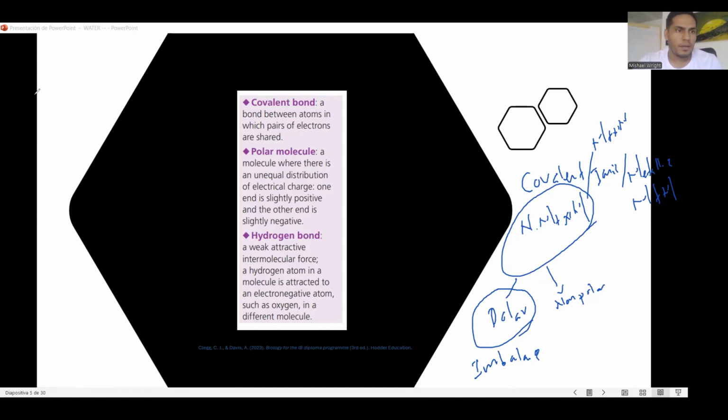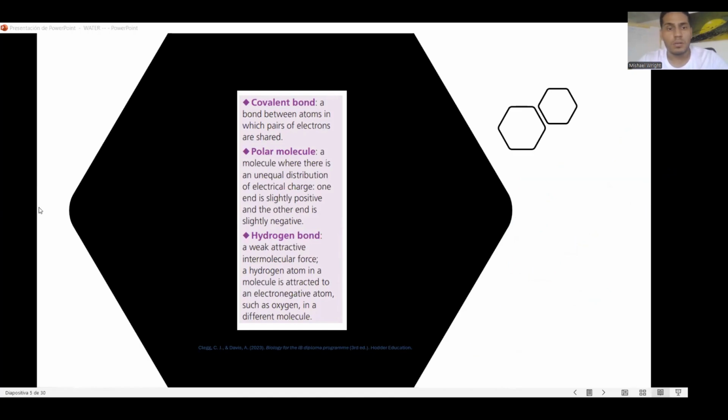Hydrogen bonds are a weak, attractive intermolecular force. And when I say intermolecular, I mean between molecules, right? So a hydrogen atom in a molecule is attracted to an electronegative atom, such as oxygen, in a different molecule.